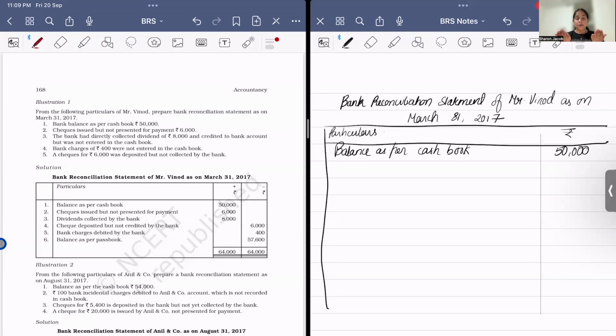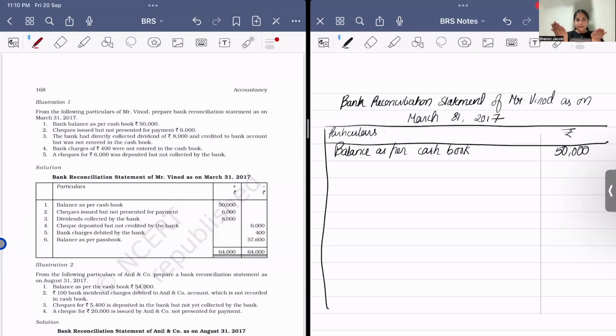I hope that's clear. But the bank will see that deduction only when the person to whom you have given it will go to the bank and deposit it and then get the money. So your cash book balance will be less than your passbook balance, right? Now, first you keep it equally, assign one book to each hand, right?